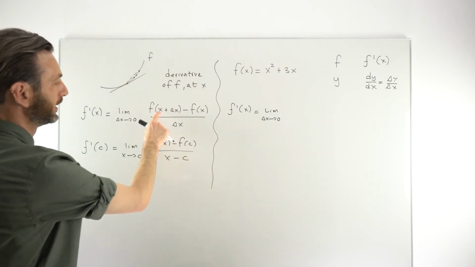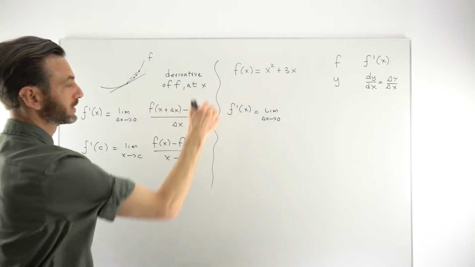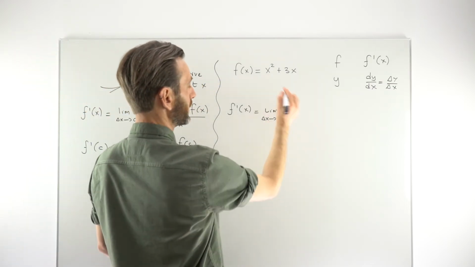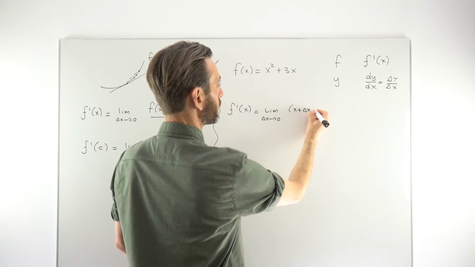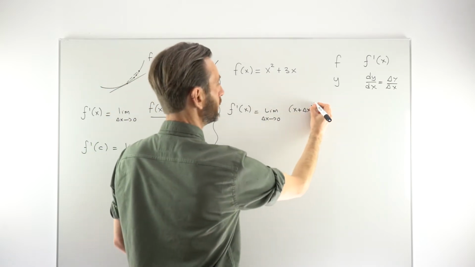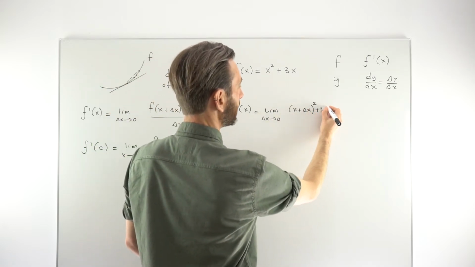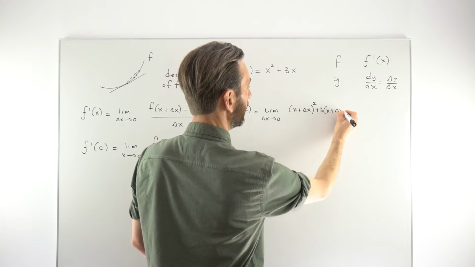So we're going to take x plus delta x and put it into the function. That just means replacing all of the x's with x plus delta x. So we get (x plus delta x) squared plus 3 times (x plus delta x).